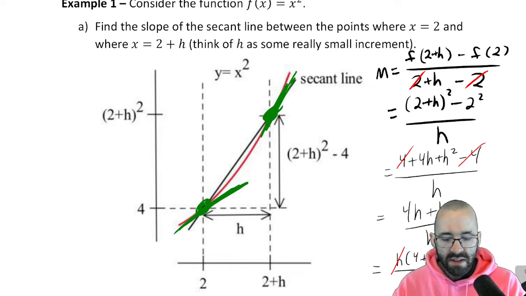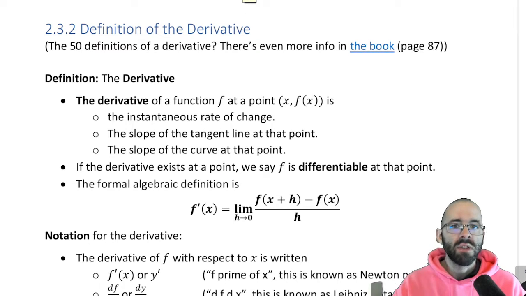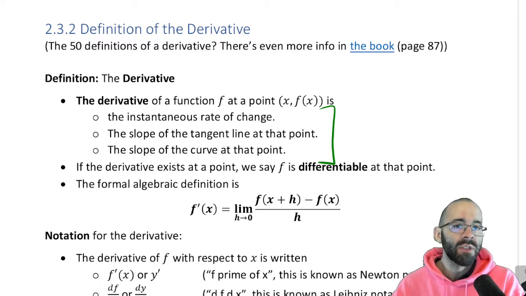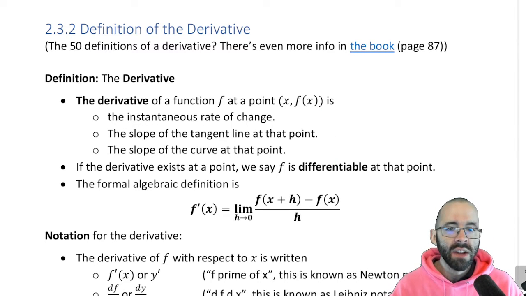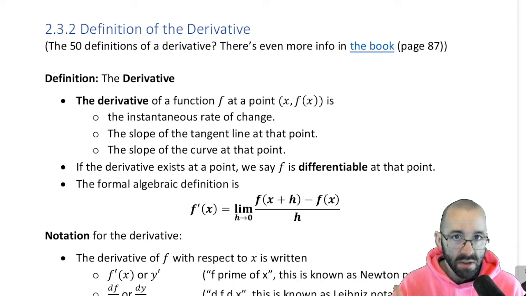How steep the curve is the same thing as how steep the tangent line is. Those are the same. So a lot of words that we use to talk about the derivative, it's all three of these things. Instantaneous rate of change, slope of the tangent line, slope of the curve. That's all derivatives.